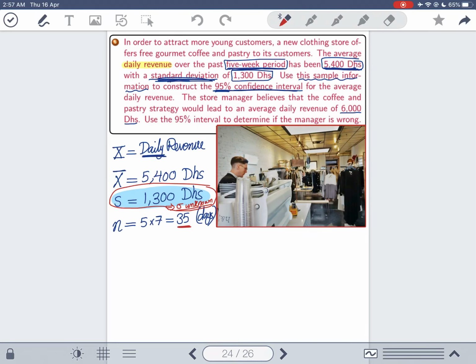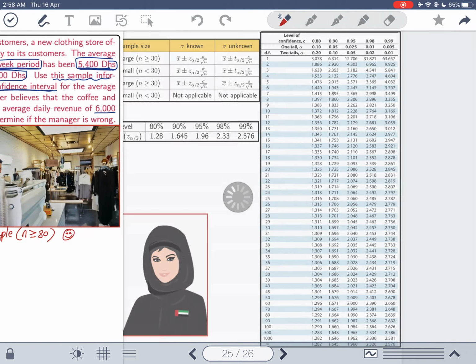N is 35. So it's a large sample. So this means large sample, which means that my n is bigger than or equal to 30. This is happy news because once you have n bigger than or equal to 30, things become very easy. Now, the only thing is that since they didn't tell us that this x is normally distributed, we don't have to assume it because the sample size is big already.